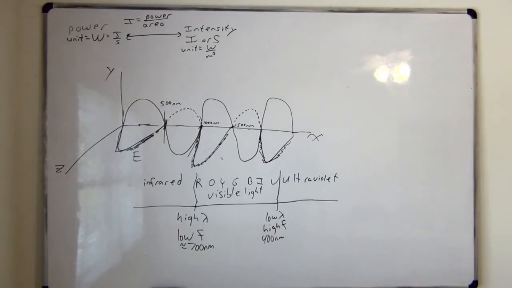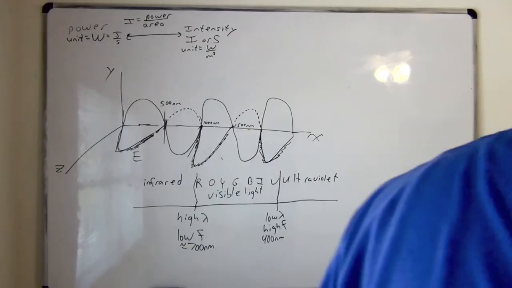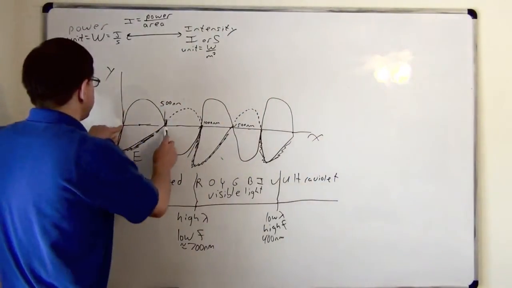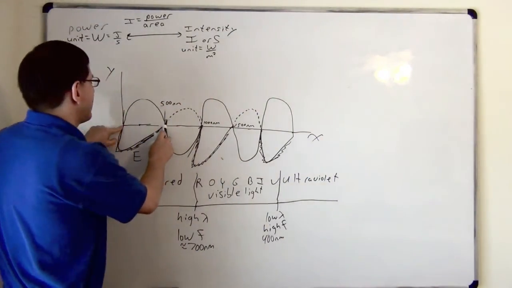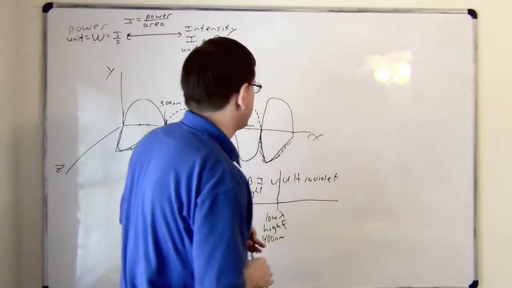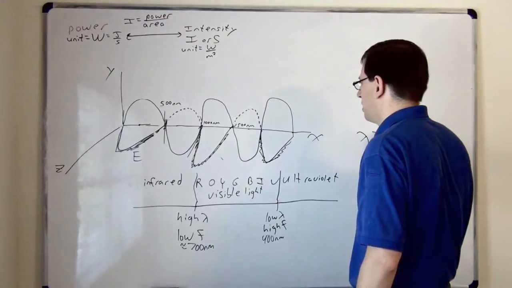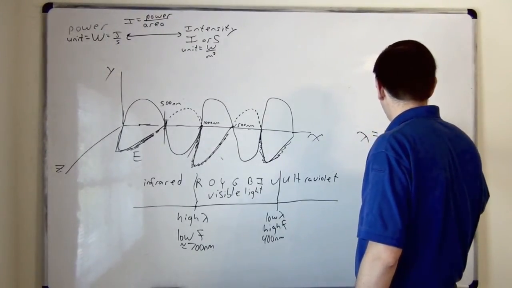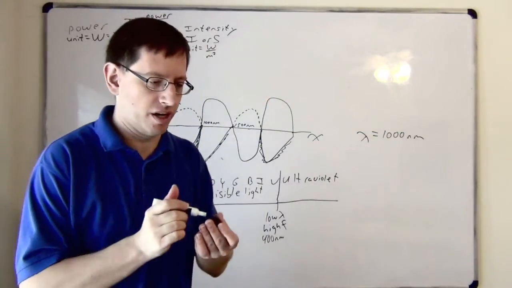Use your pencil to point out to me from where to where would be a wavelength on that graph. From here to here, so it's 1,000 nanometers. Okay, good. So there was kind of a trap or a trick in here. At first you were saying that this was one wavelength, but this is actually half a wavelength. From here to here is one wavelength. So how long is a wavelength here? 1,000 nanometers. Right, the 500 is kind of a trick or a trap.